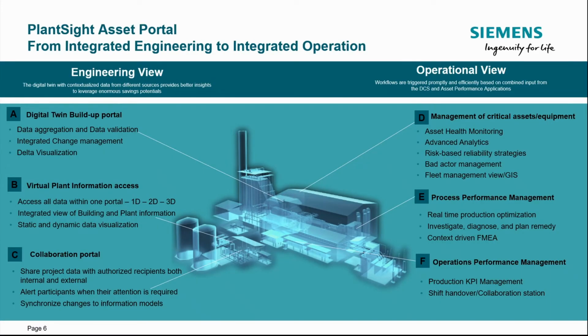Now, I would like to draw your attention to this slide here. The complete PlantSight asset portal approach includes the engineering view and the operational view. On the left-hand side, we have the engineering view. This is the area where we contextualize data from different sources. We can build up a portal, and in this portal, we can aggregate and validate the data.